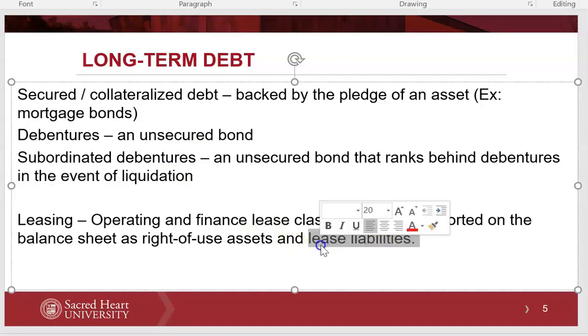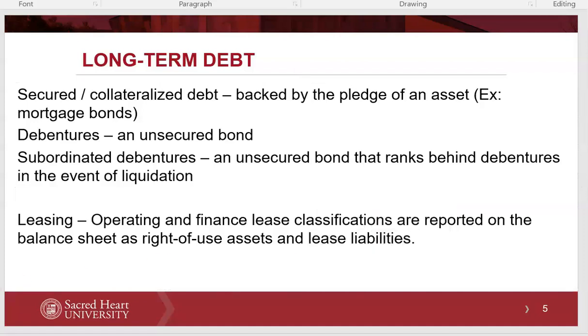So those lease liabilities, think about it this way. If the company chose not to lease, how would they finance that asset? They would most likely have to take out an additional loan. So oftentimes leasing is seen as a type of debt financing.